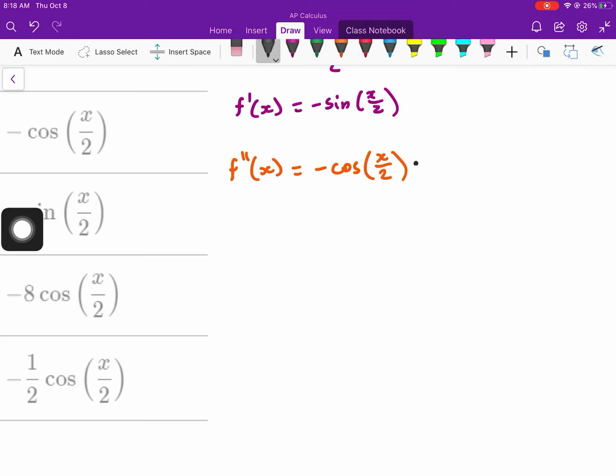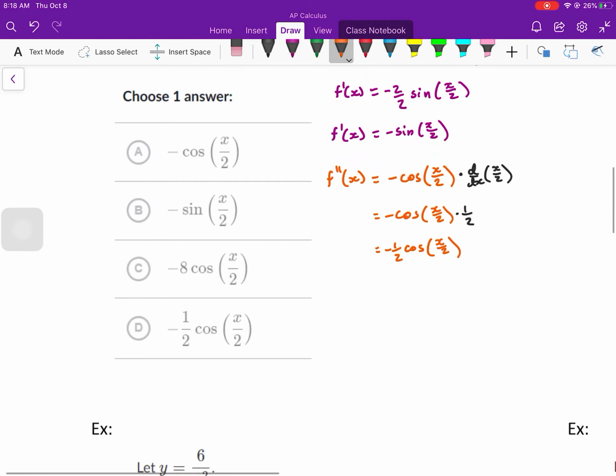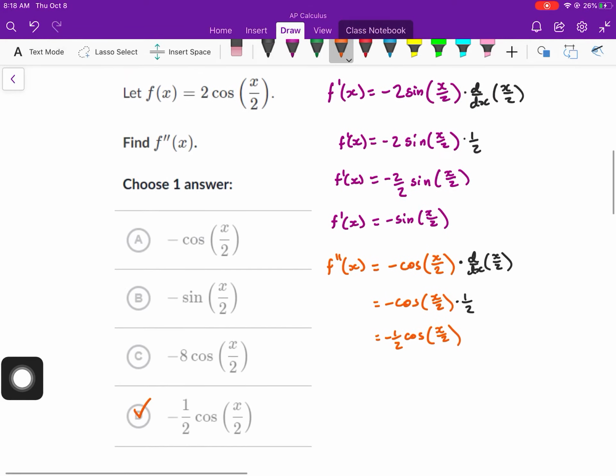And times the derivative of the inside. So we end up really right back with cosine, but negative 1/2 cosine of x over 2, that would be your answer.